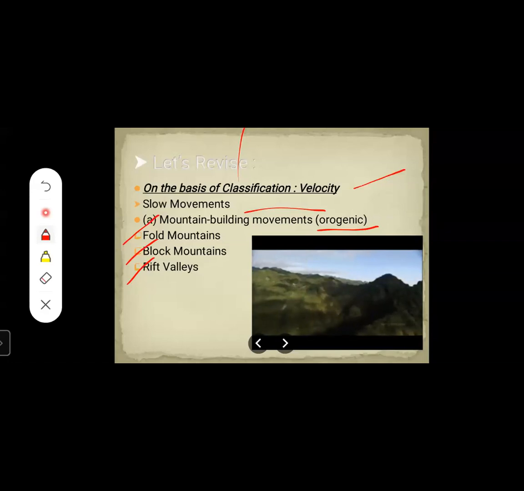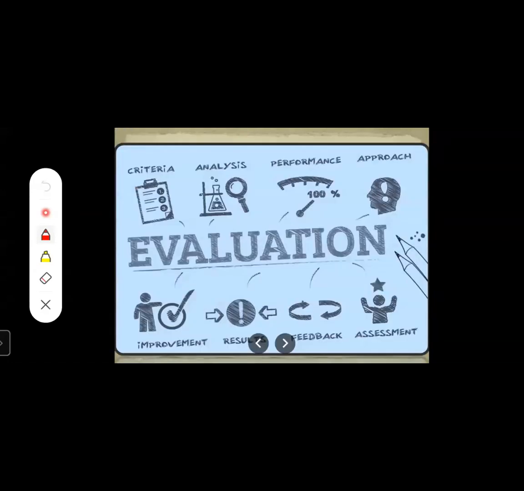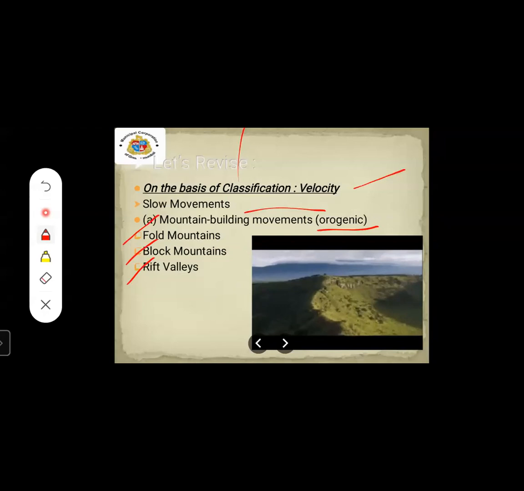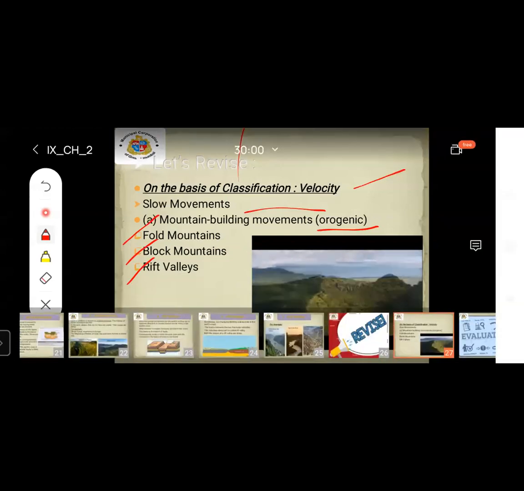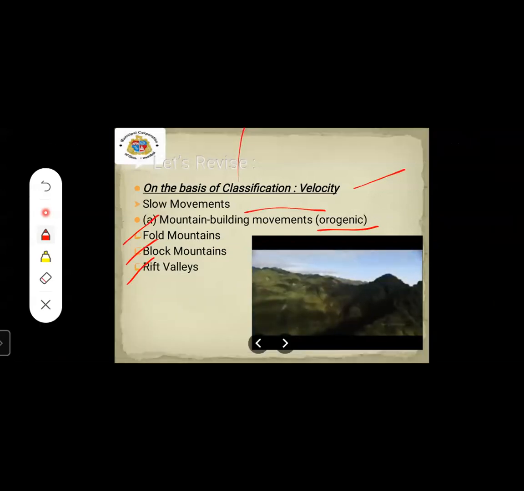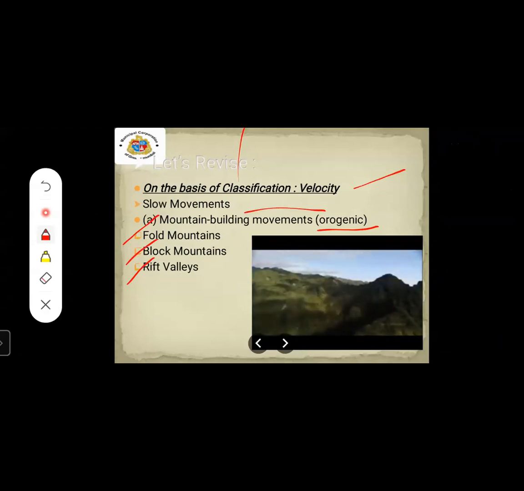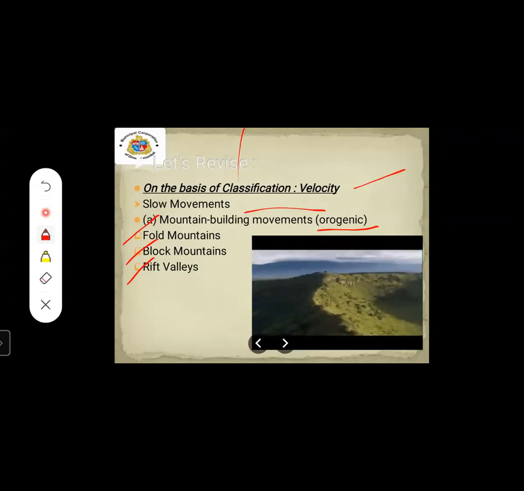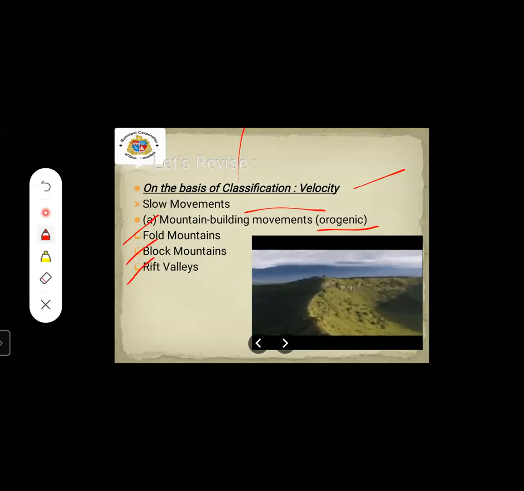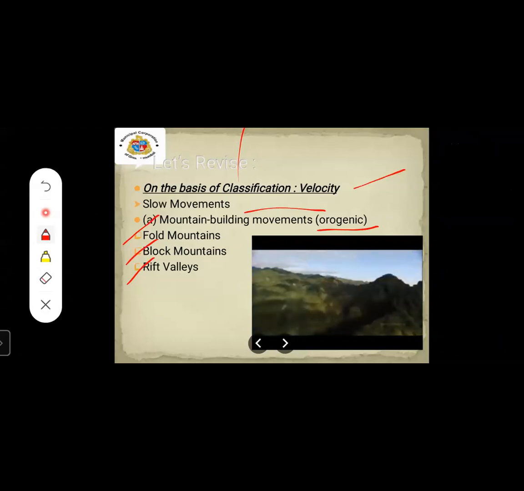See now here. At the very first, we studied about the Earth's interior, right? The Earth's interior is divided into four main layers. The first layer is the inner core, the dense, hot inner core, in yellow color.